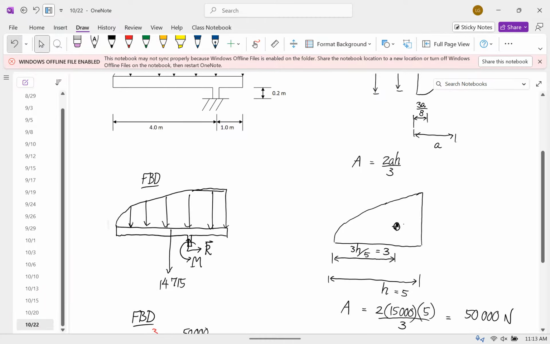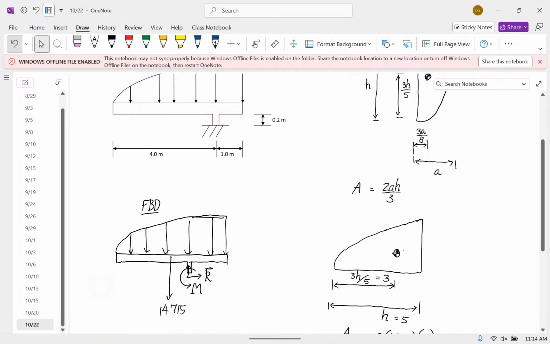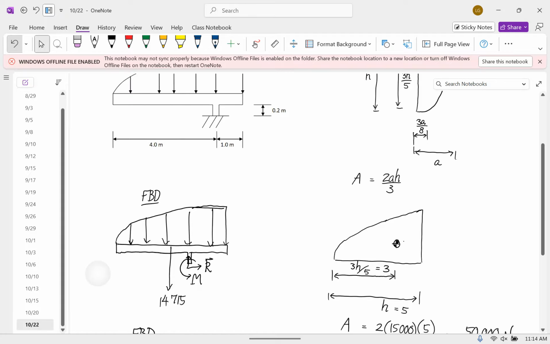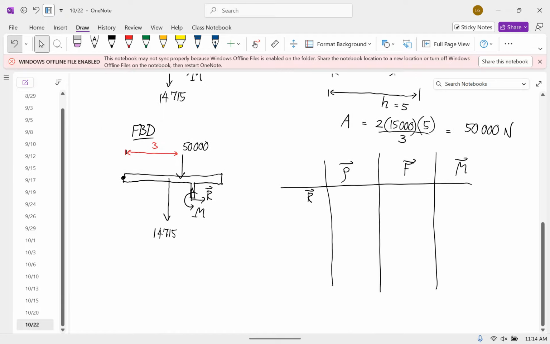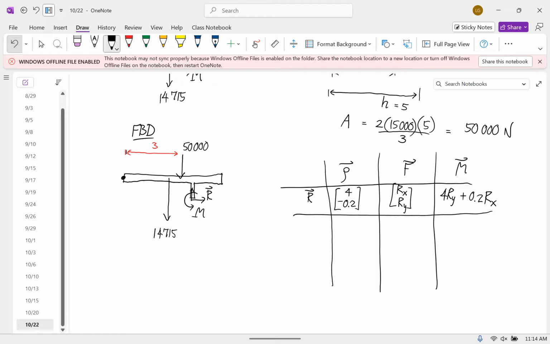So that is at a location 4, -0.2. The force is Rx, Ry. The cross product is 4Ry plus 0.2 Rx. Then we have the couple. For the couples, we don't care about these.